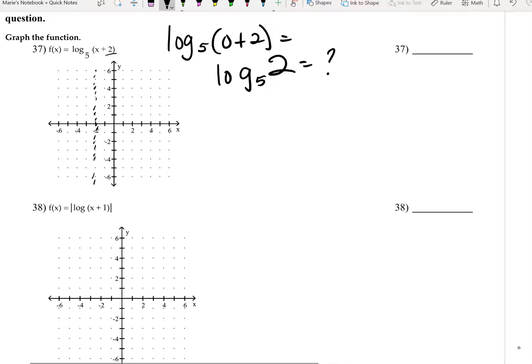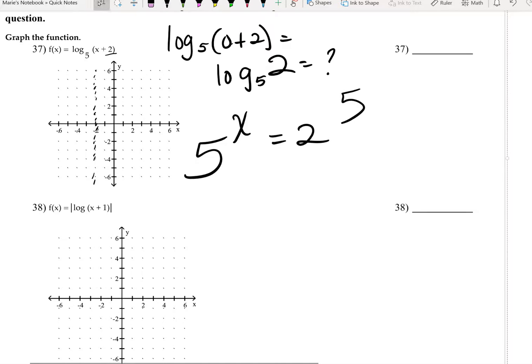Right? And so 5 to what number equals 2? And obviously that's going to yield you a decimal. If I start with negative 1, you should end up with a 0 going through here. So at negative 1 we have a 0 value, and so this graph should look something like this, going through here and just rising.